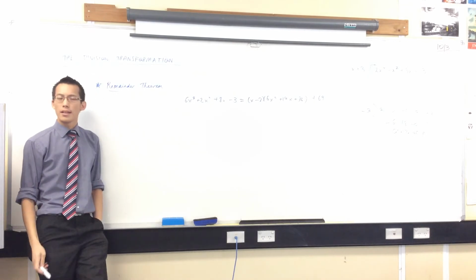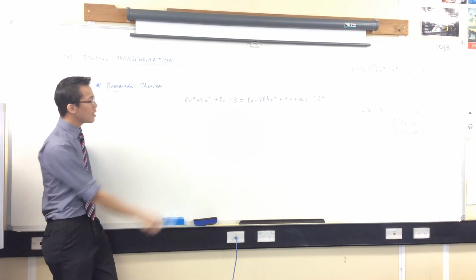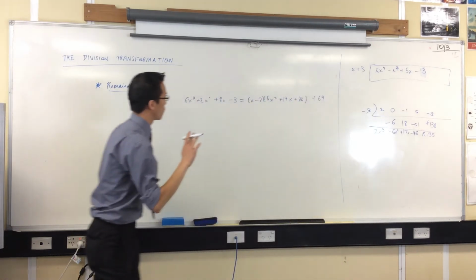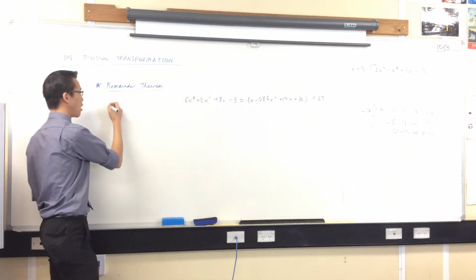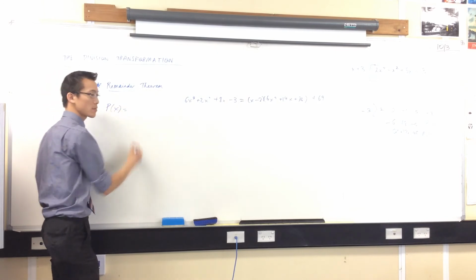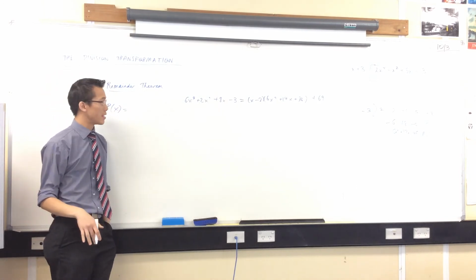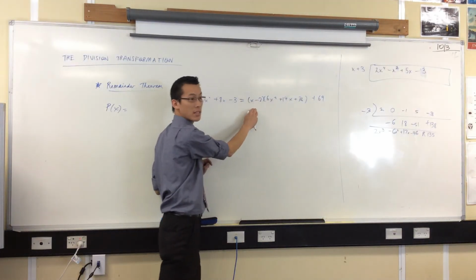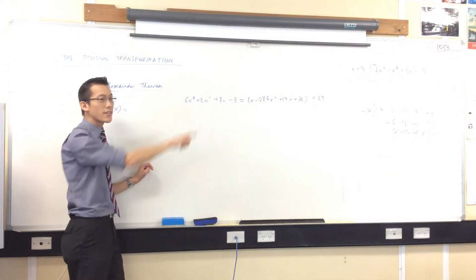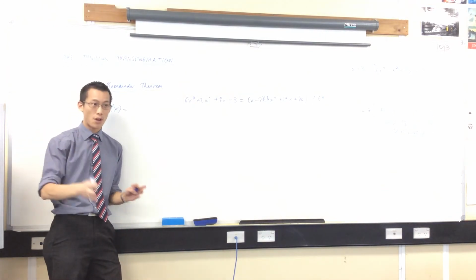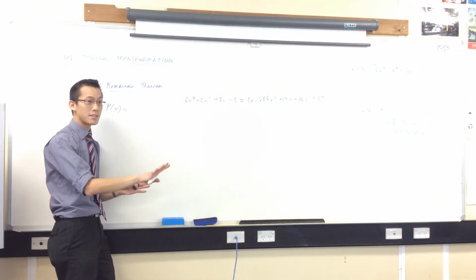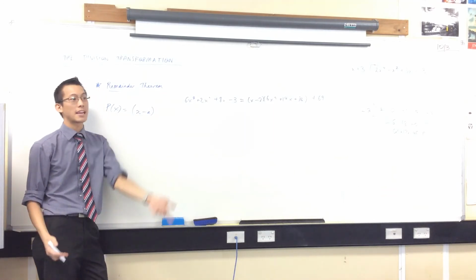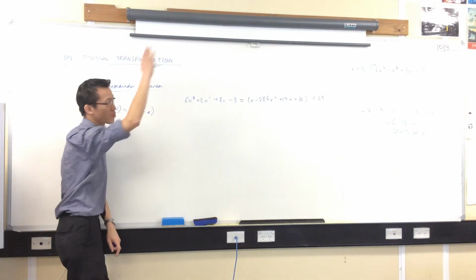We start with some polynomial, I'll call it P. And what we're saying is, I can phrase it in this particular way if I divide by something. What we're dividing by, I'm just going to think about monic linear divisors. Generally speaking, they're of the form x minus a. And of course, a can be negative if we want to get x plus 3s and so on.